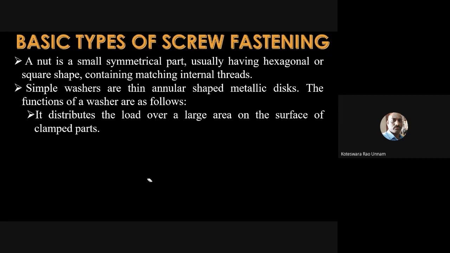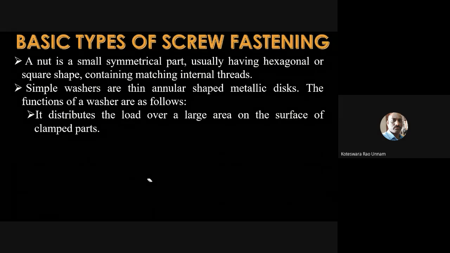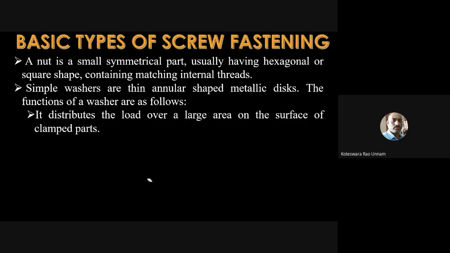Generally the diameter of the washer is more than the diameter of the nut. Therefore, the area in contact with the part and the washer is more when compared to the area in contact if you use only a nut. Since the nut diameter is smaller than the diameter of the washer, the area is less. If you use a nut directly instead of a washer, the contact area is less.